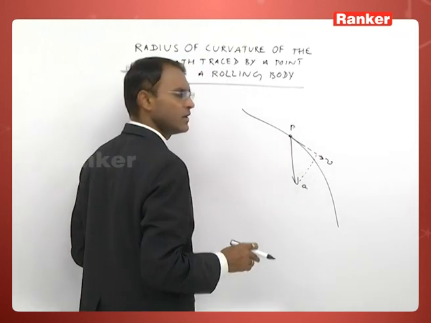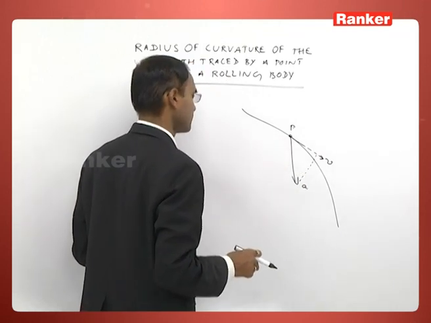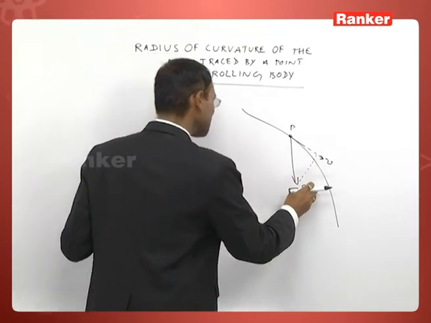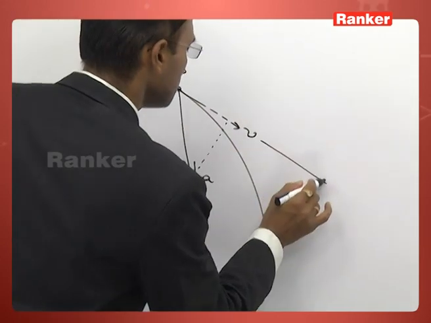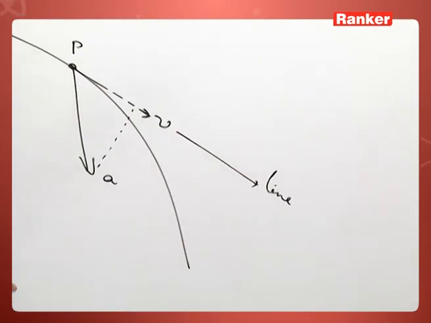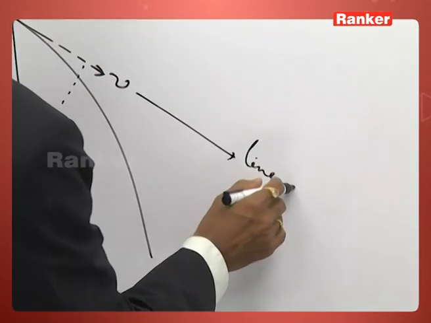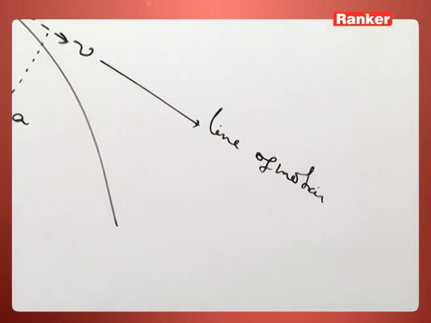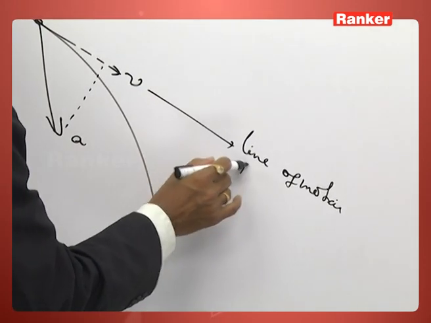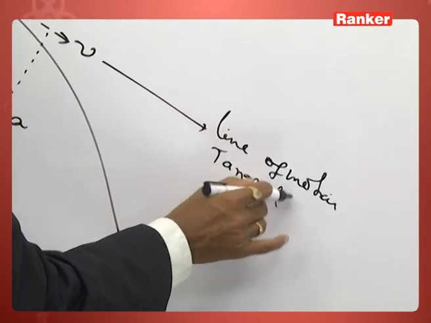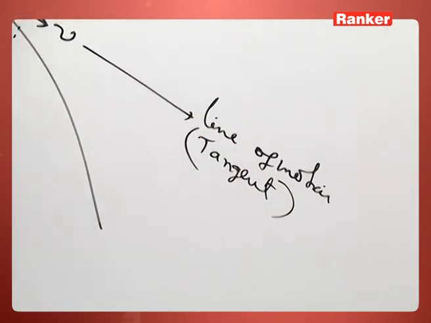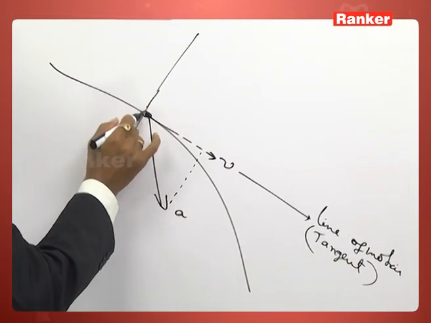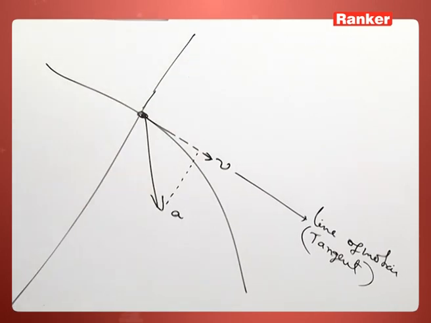The latter is more appropriate because we want to take the component of the acceleration along the line of motion. The line of motion is given by the velocity vector. A particle always moves along the tangent. If this is the tangent, this is the normal. Without drawing the tangent, we cannot draw the normal.